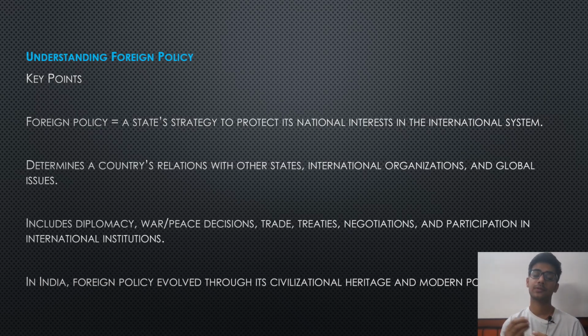And foreign policy uses a lot of tools to carry out the work. There is diplomacy. These are diplomats who go out and build relations with other diplomats and other leaders. When diplomacy fails, there are wars, attacks and peace talks. For example, the Russia-Ukraine war, which has been going on very long, is a foreign policy tool.